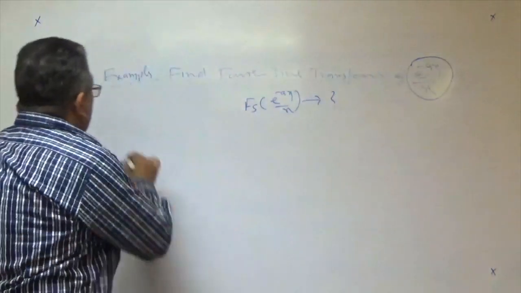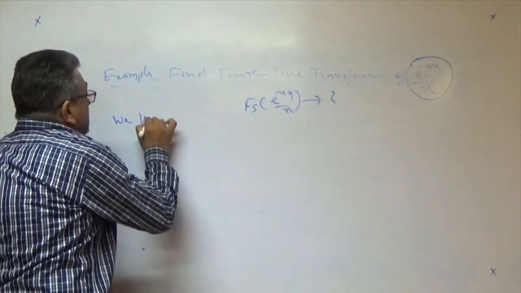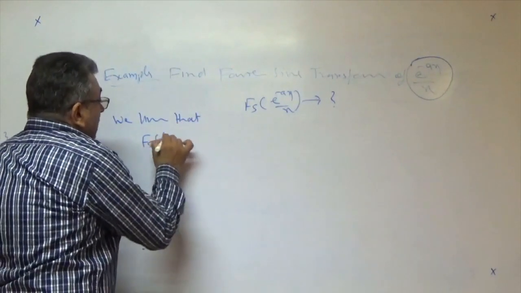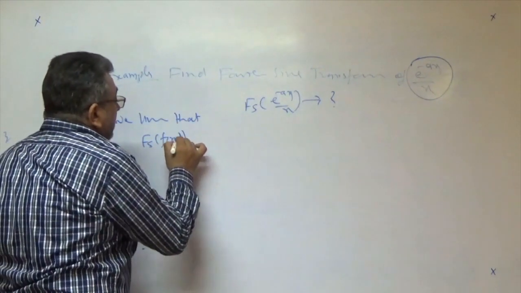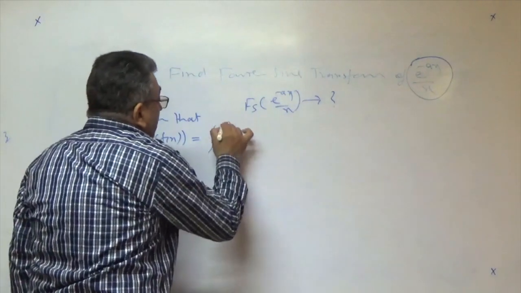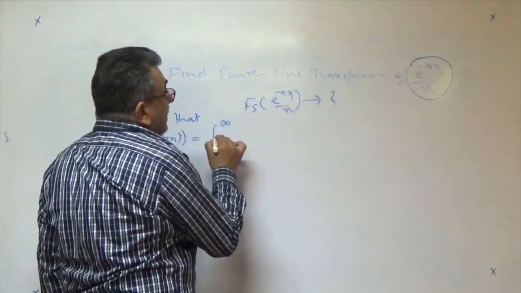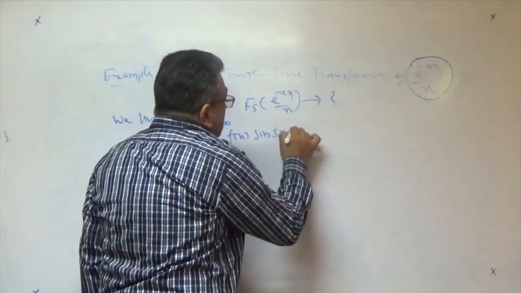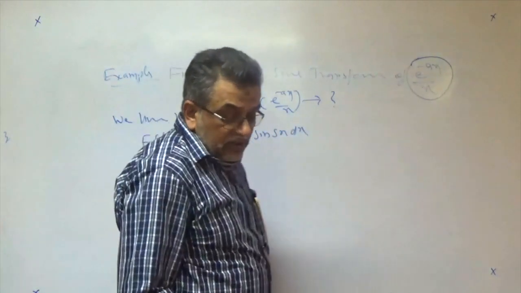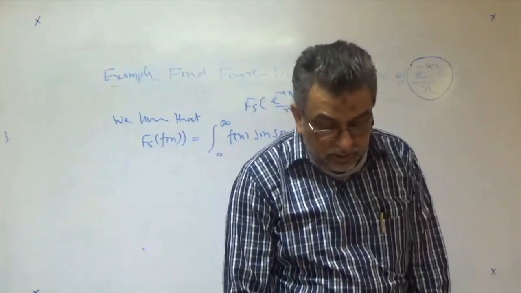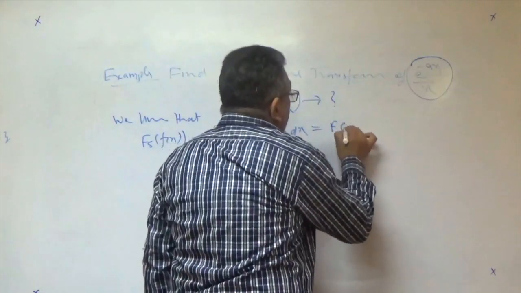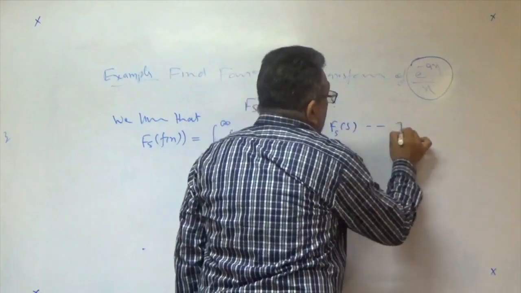Now, by the formula, we know that the Fourier sine transform of f(x) is the integral from 0 to infinity of f(x) times sine sx dx. That is the basic formula I have already told you, and this is equal to F_s.